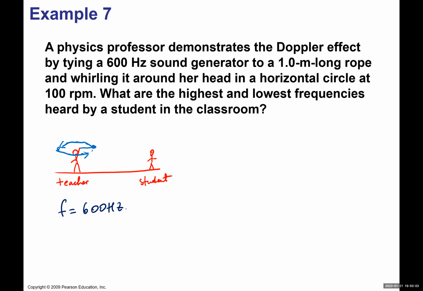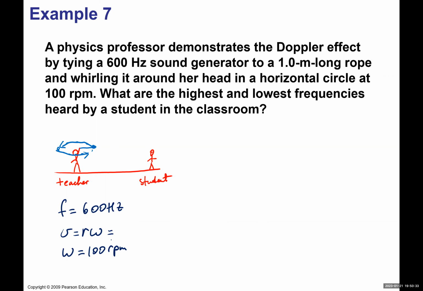Because we're given the radius as well, we can easily calculate that using v equals r times omega. So we are given omega here, which is 100 RPM. RPM is not the unit that we want when calculating tangential velocity, so we need to convert that to radians per second.